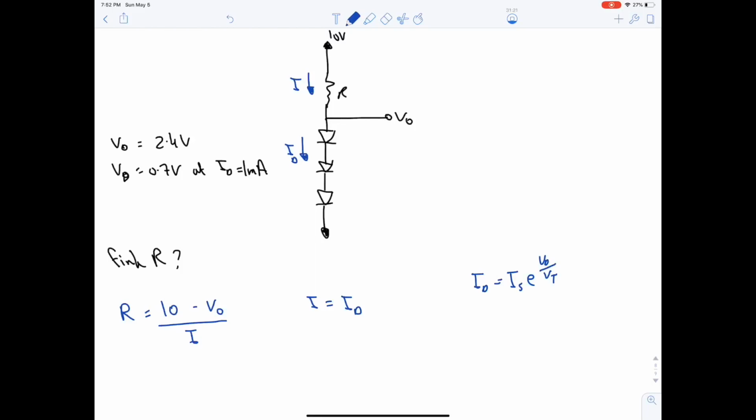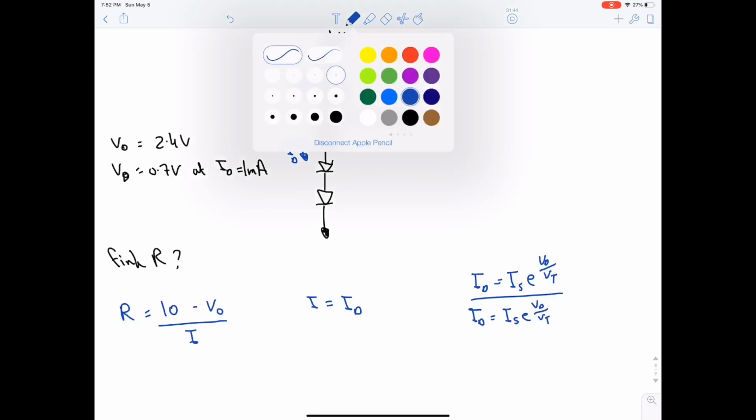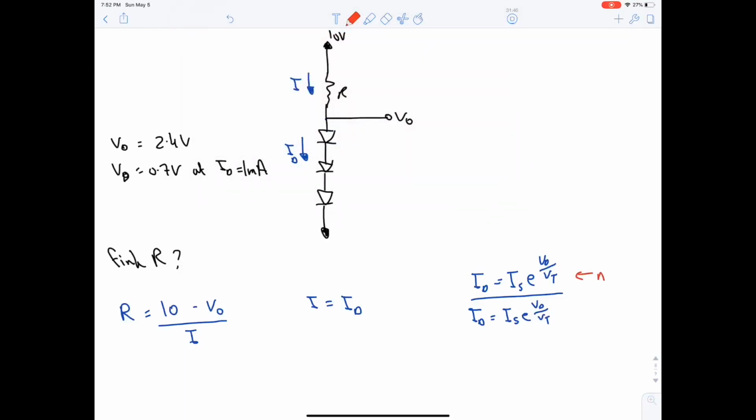Okay? Now every time, whenever you have IS, try to cancel it out. How? By dividing by the same equation. The denominator is the old, and the numerator is new, which is the current values right now. And the denominator is the values earlier or in the previous part. So this is new and this is old.